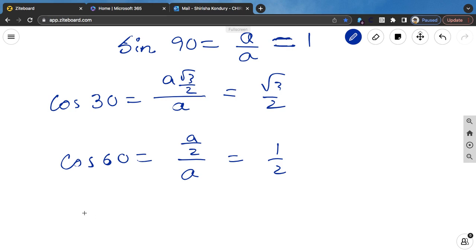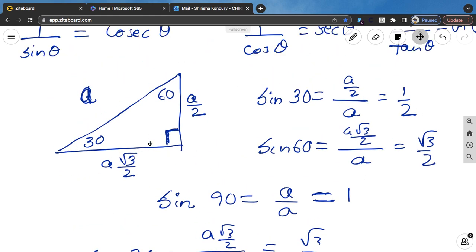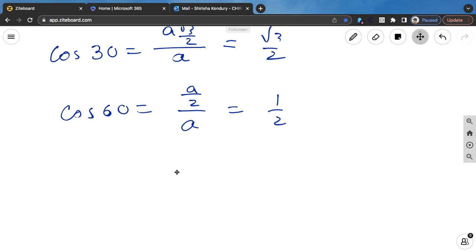Cos 90, well, as soon as I look at 90, I don't know which one is the adjacent side. Both a by 2 and a root 3 by 2 are adjacent to it. So which one should I take? For now, I will leave it undefined because I'm not sure what to do.